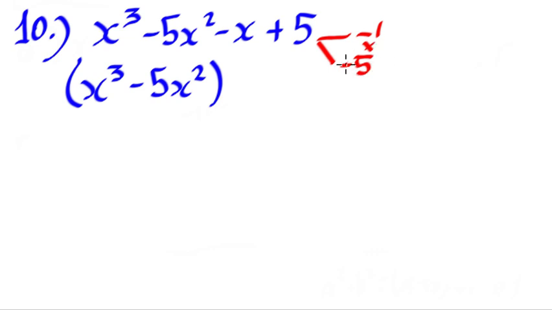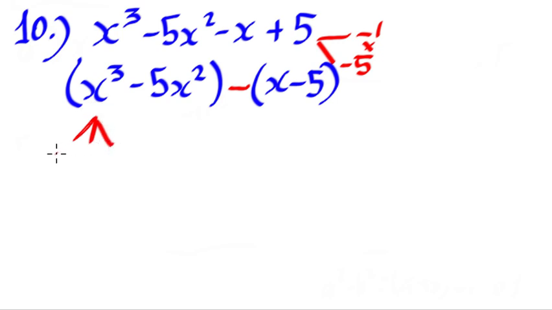We take the negative sign out, so the common term is minus, and what is left is minus x, so that the first term becomes positive, and minus 5. So this is our second step: x cubed minus 5x squared minus the quantity x minus 5.